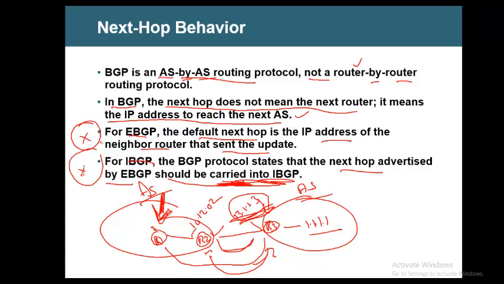So basically the IP address information 1.1.1.1, when it goes into that other autonomous system, R1 router does not have any idea about R3.